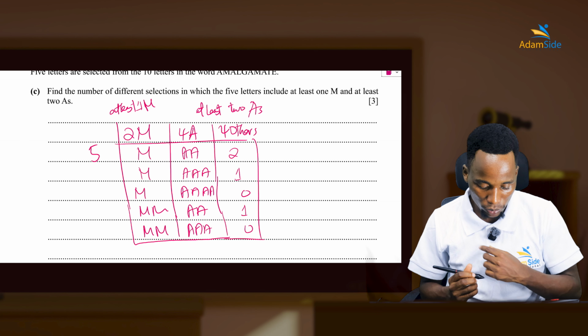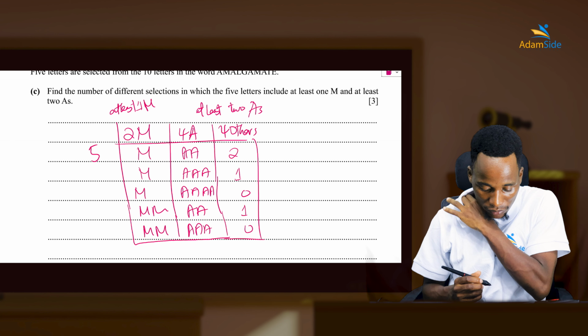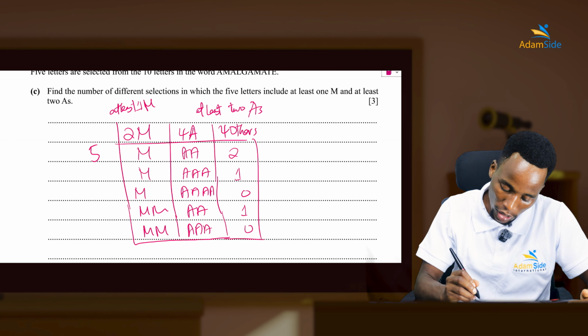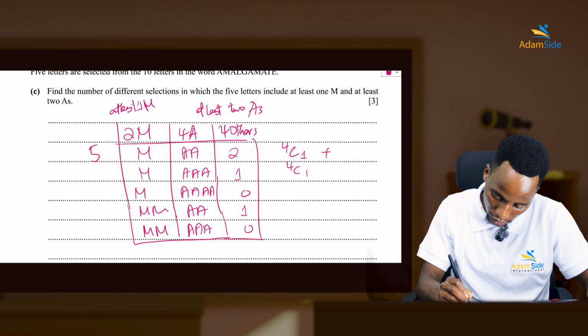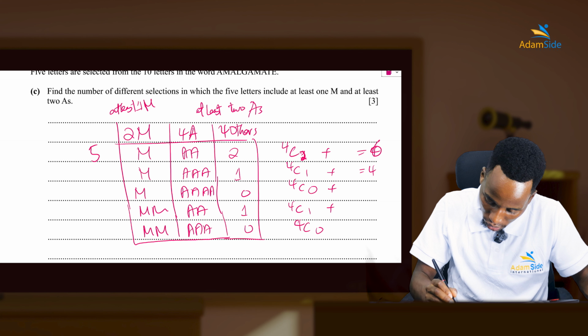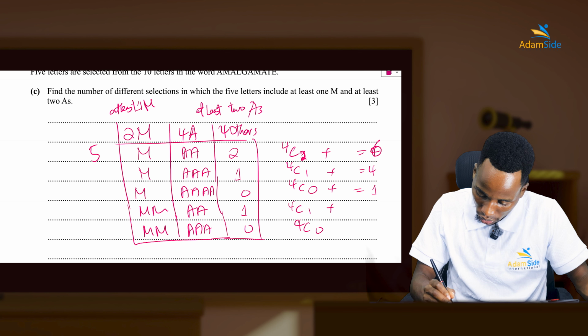Here we cannot select from the 2 M's because they are the same thing, and also we cannot select from the A's because they are the same kind. So we select from the others. From 4 we choose 1, and for the A's it will be just 1. So the first one is 4, plus from 4 we choose 0, or from 4 we choose 1, or from 4 we choose 0. 4 choose 1 is 4, 4 choose 0 is 1, 4 choose 1 is 4, and 4 choose 0 is again 1.